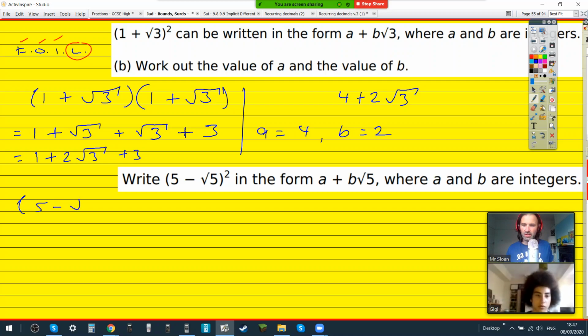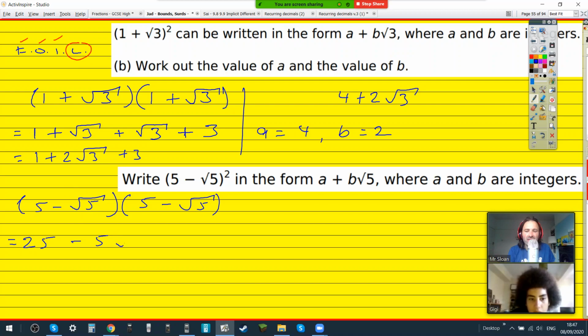What might make it easier is if you... Yeah, 25. 25 minus root 5. Oh no, 25 minus root 25.